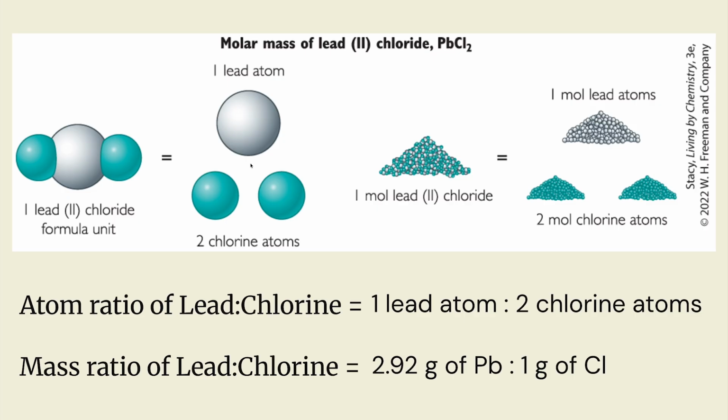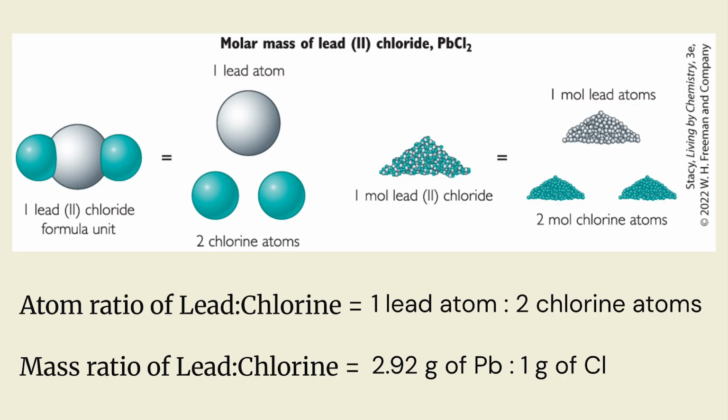So again, the mass of the lead is 207.2 plus 2 times the mass of chlorine, 35.45, which will give us 278.1.